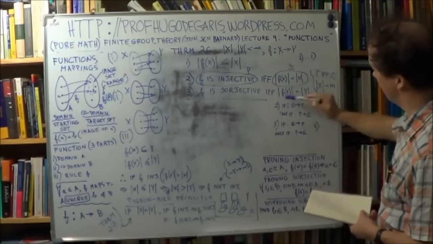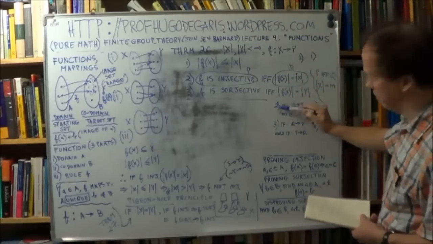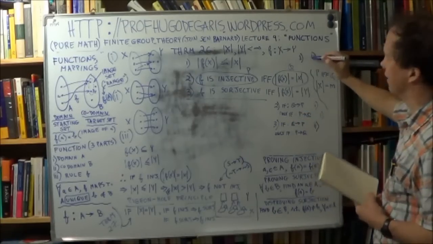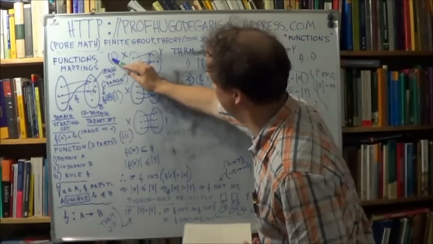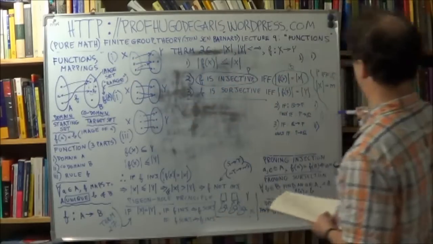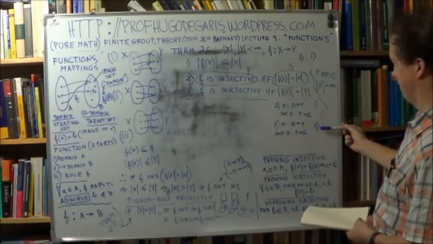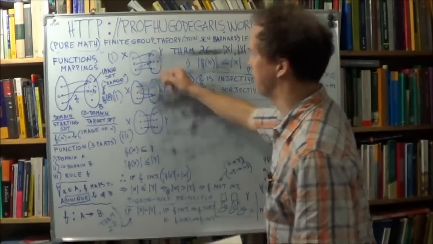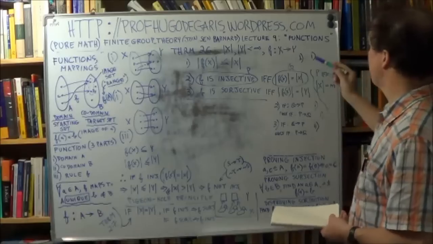So answer 1, part 1, answer part 2, answer part 3. And what this little i here refers to diagram 1, and here refers to diagram 2 or 3. So three diagrams. Okay. All right.